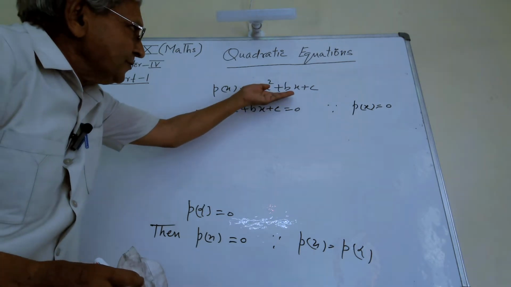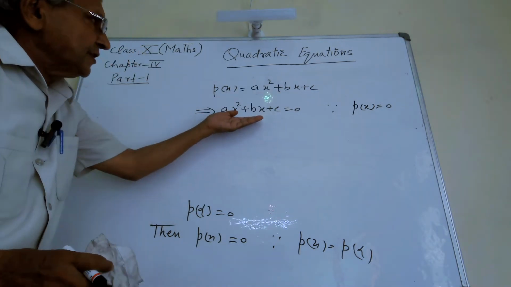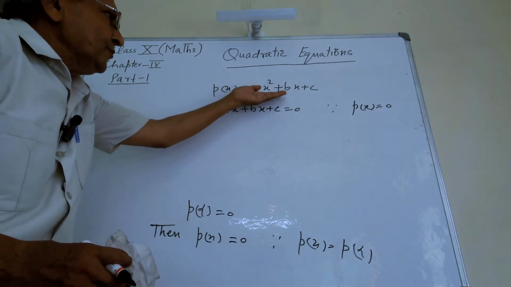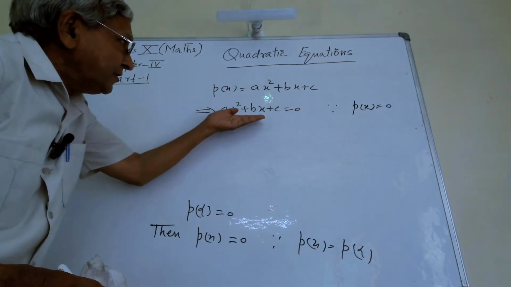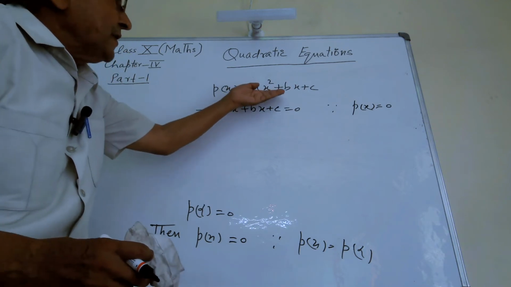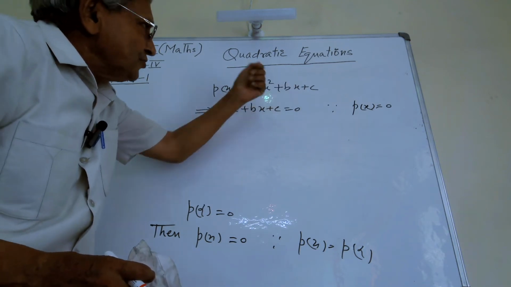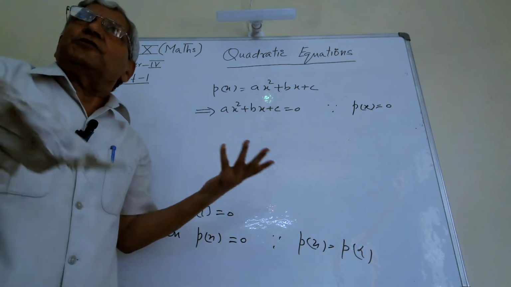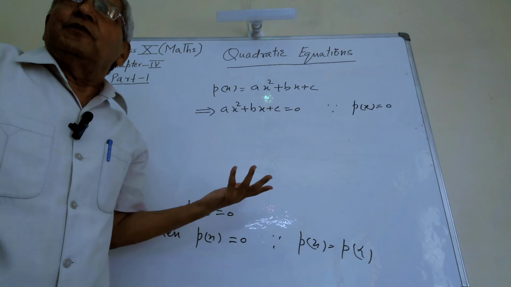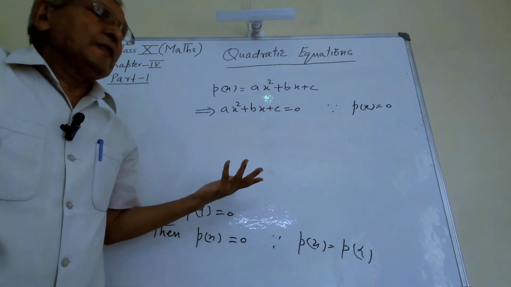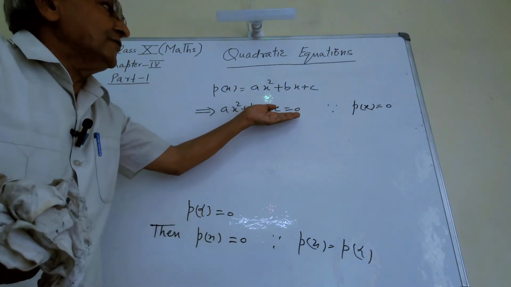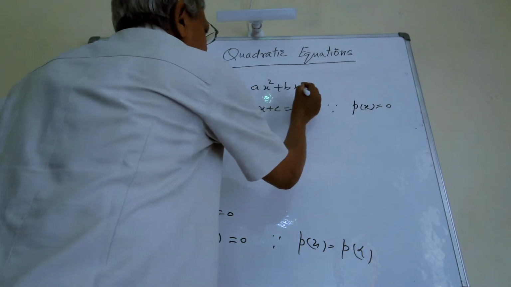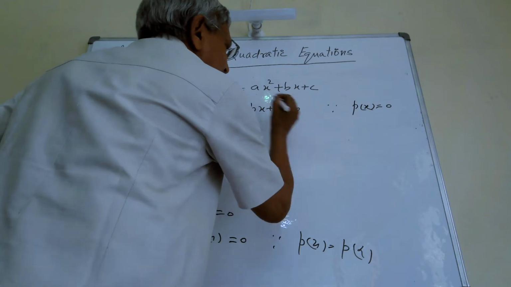This was the polynomial, but it becomes a quadratic equation. A quadratic polynomial turns into a quadratic equation. A polynomial does not contain 0 or an equality sign, and an equation has a sign of equal. So this is a quadratic polynomial and this is a quadratic equation.